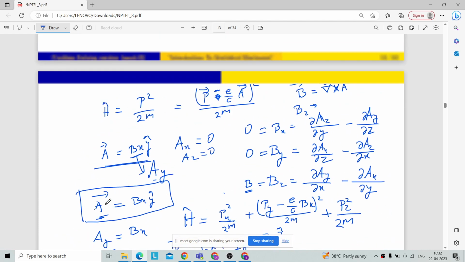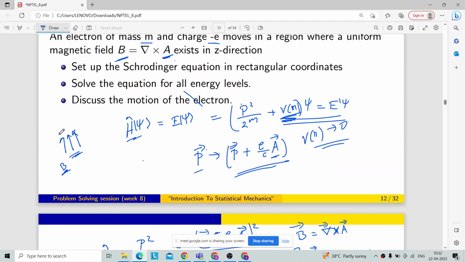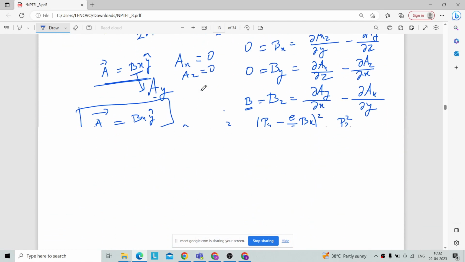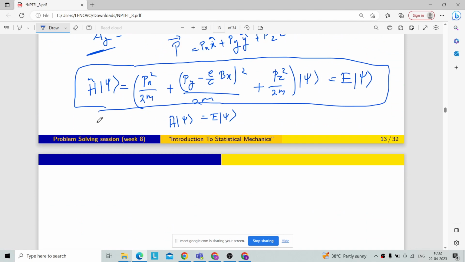Now, coming to the next question, solve the equation for all the energy levels. Okay, so we need to find the eigenvalue. Now I need to find E, right?